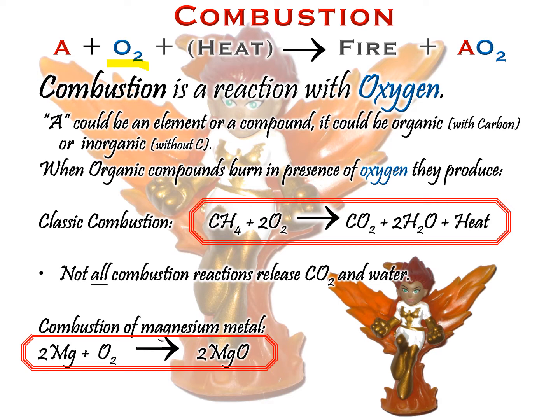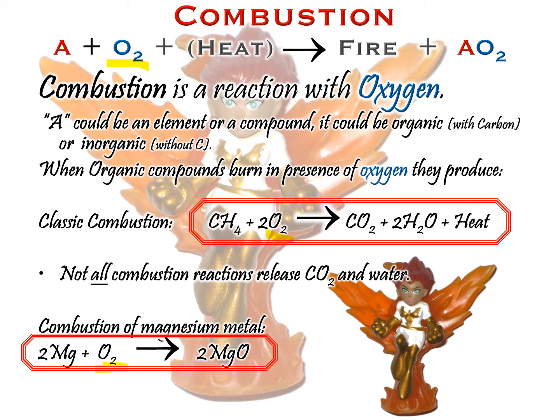So as long as there's O2 on the left-hand side, on the reactant side, like as we see right here in the middle one, and down here on the bottom, it is a combustion reaction. So combustion could be with something organic, most often it is, or something inorganic.